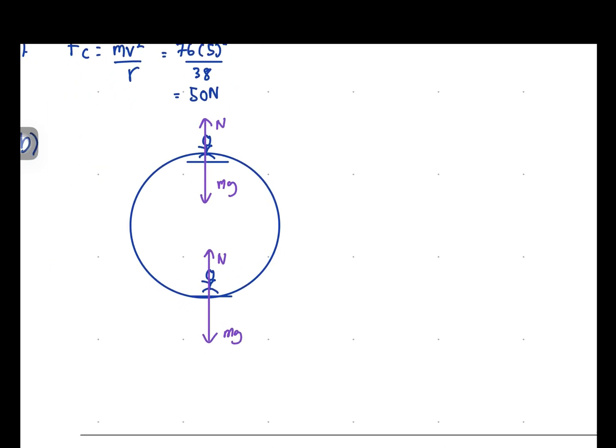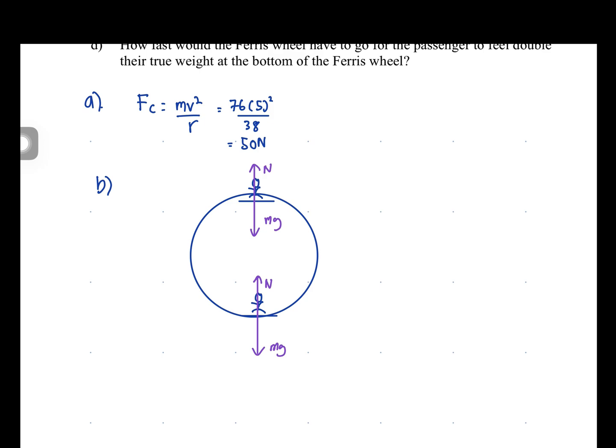So what happens if you want to construct the equation? We start off with the bottom. At the bottom, if you refer to here, the normal and weight are in opposite directions. So your centripetal force will be equal to normal minus weight.